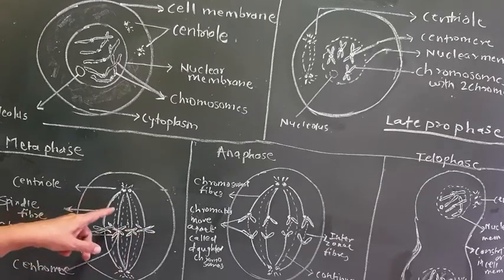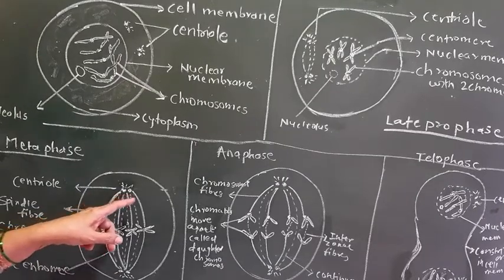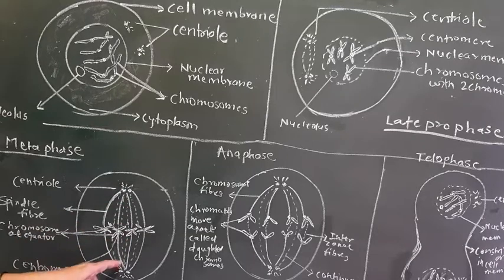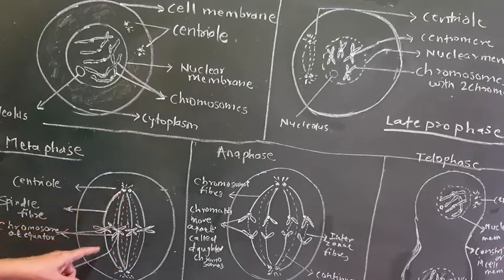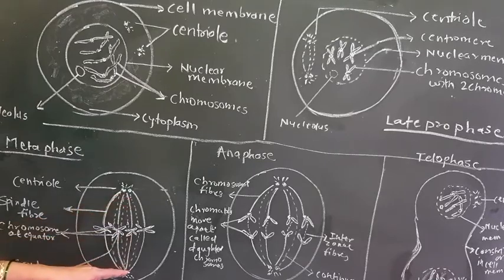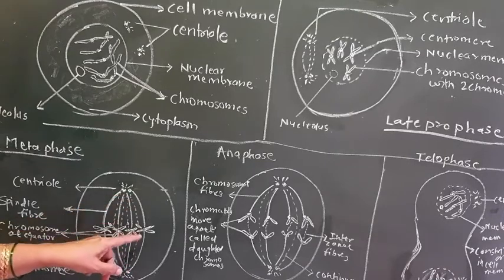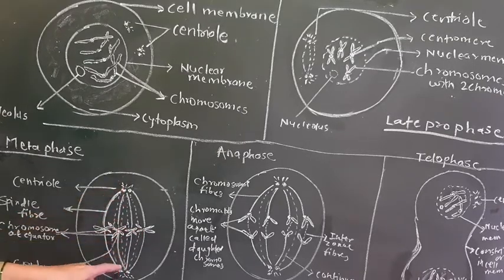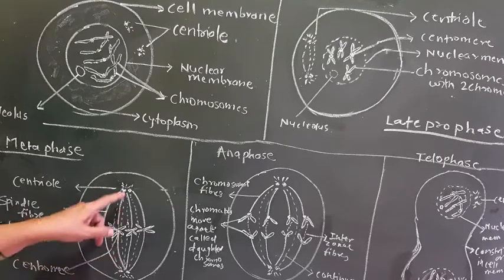And one more important thing that happens in the metaphase is the formation of a spindle-like structure. This spindle formation is due to the spindle protein fibers. They are formed between the centromere, this is the centromere I have drawn, and the two centrioles which are at the poles.